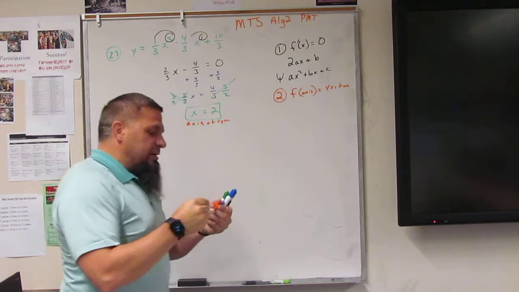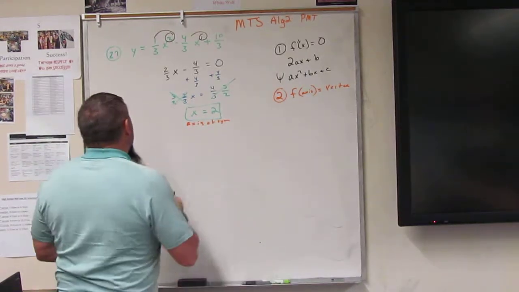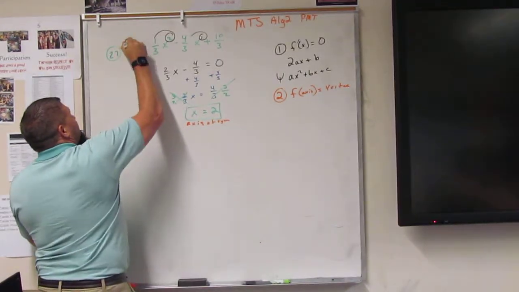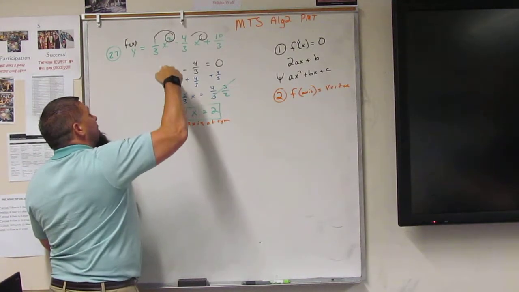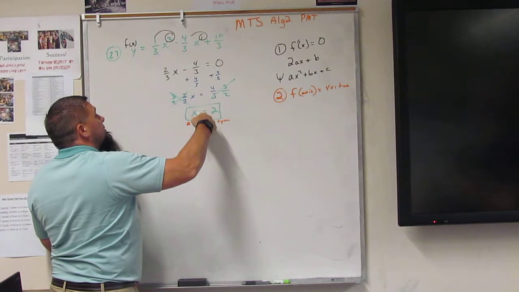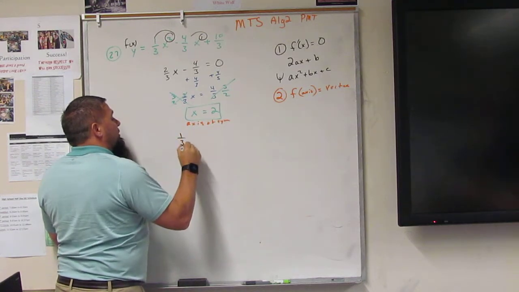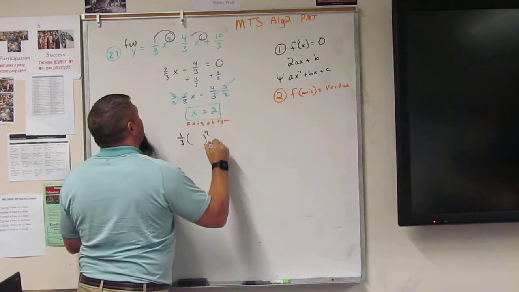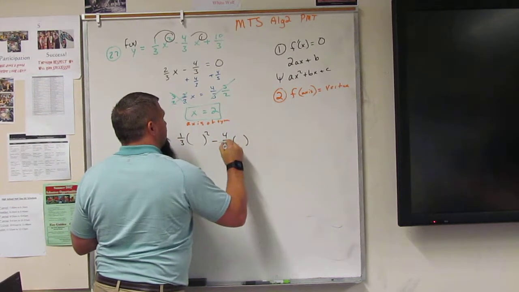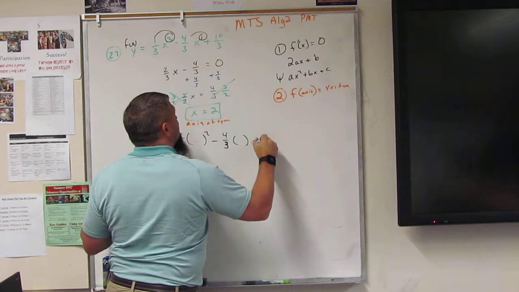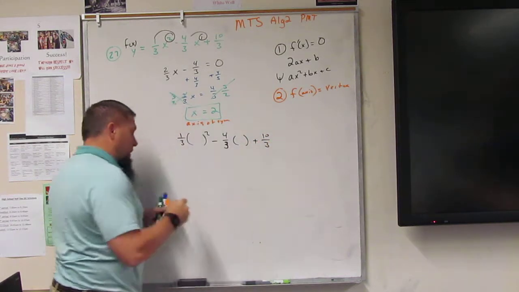So all we got to do is take this y, which is really f of x, right? And plug in the x. So I got 1/3 x squared minus 4/3 x, right? Plus 10/3, right?